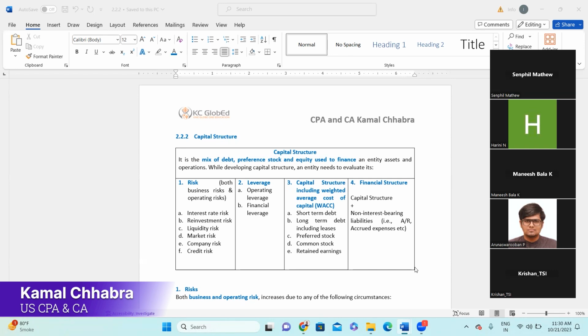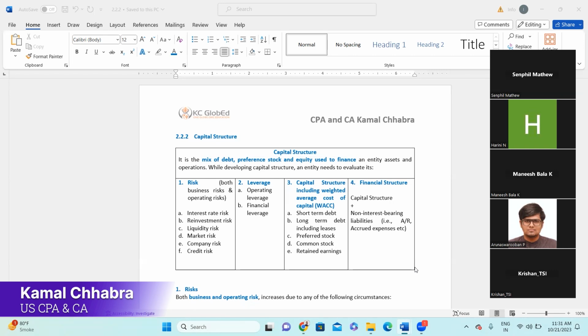You rightly pointed out that the machinery may get obsolete, or the inventory may get obsolete, or there may be any other problem or breakdown in the overall operation. All those kinds of risk are called operational risk. So here in the risk category, we'll be understanding six types of risk. First one is interest rate risk.